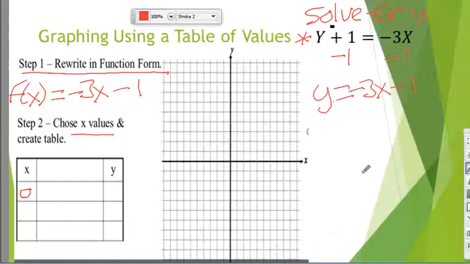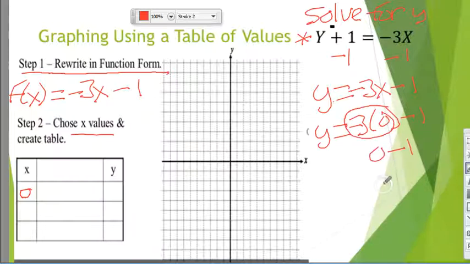Okay, so if we let the x be 0, the y is going to be equal to negative 3 times 0 minus 1. Negative 3 times 0 is 0. 0 minus 1 is negative 1. So when we let the x be 0, the y is negative 1.